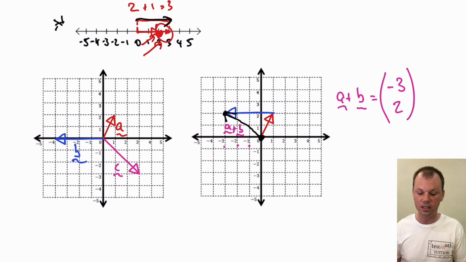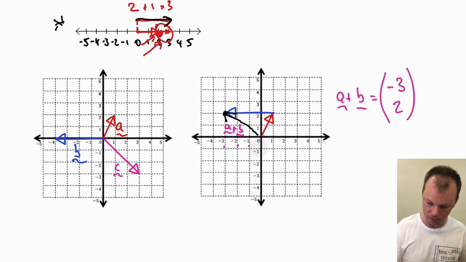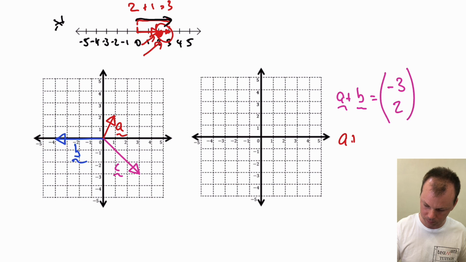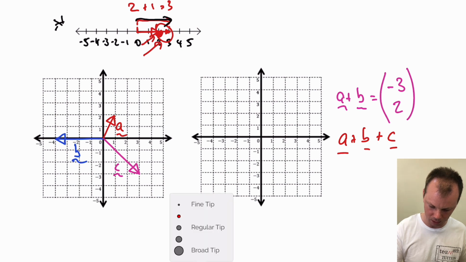Now with these vectors, you don't need to just have 2, you can have more than 2. So we can add 3 vectors together. Let's show that. So if we were to do A plus B plus C, we can draw that on there. I'm just going to use black so that it's a little bit quicker.